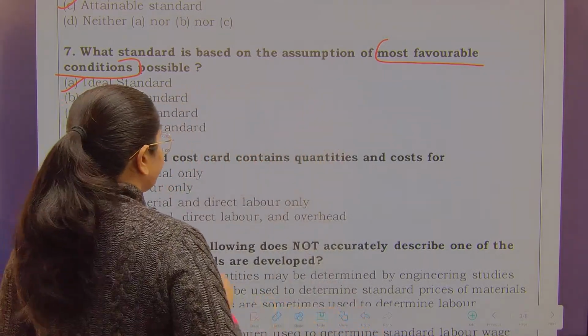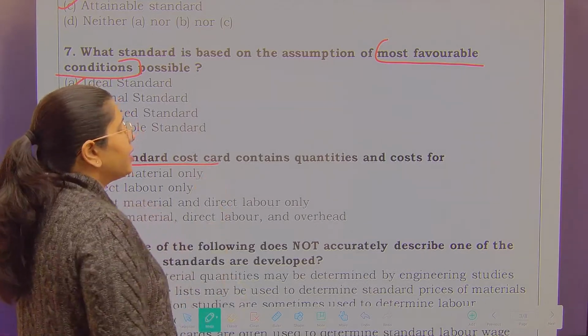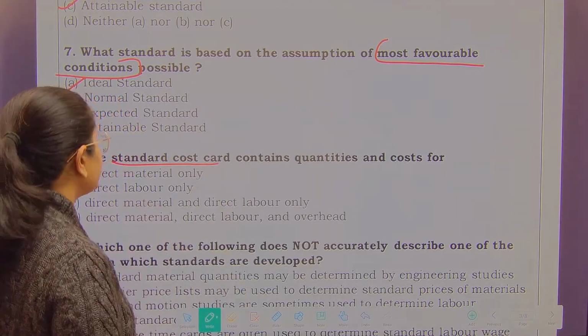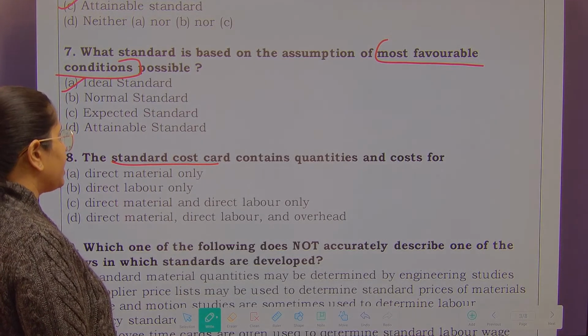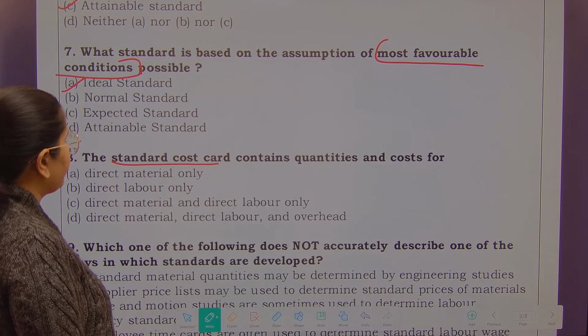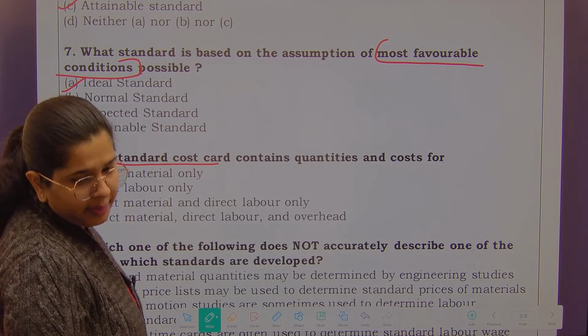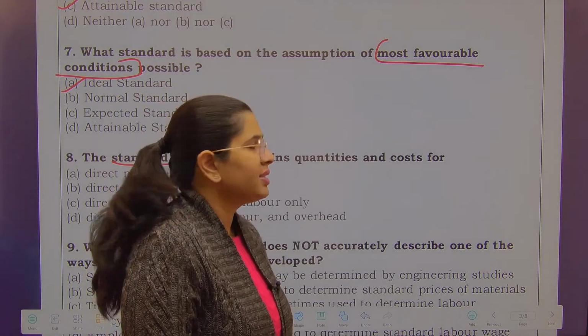Next is, the standard cost card contains quantities and costs for direct material, direct labor, direct material and direct labor only, direct material, direct labor and overhead. Tell me what it should be. So this is a very simple question.